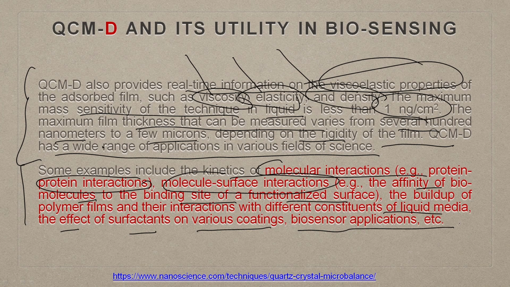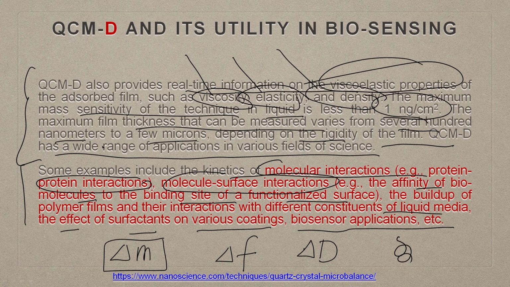So, if you look at the utility of QCM-D, it is extremely robust. The only point is that you will have one more parameter along with the change in frequency, which will be delta D. You have to take the dissipation parameter into account, and then you can actually determine the change in mass. Not only that, say for example, a protein in the initial phase is like this, then it becomes like this.